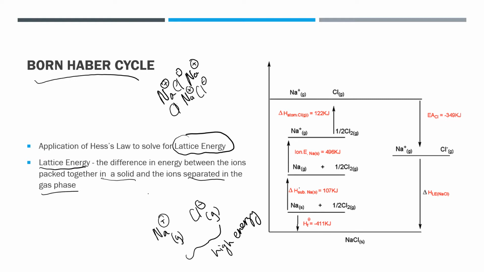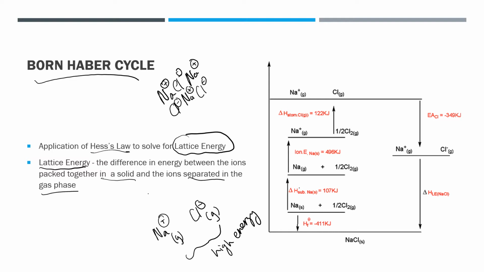The pluses and minuses are attracted to one another, and the potential energy is low because they're next to each other, close in distance. So we can think of lattice energy as how much energy we need to overcome this attraction and make the ions separated in the gas phase.